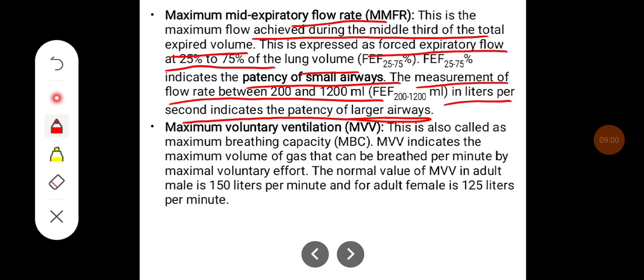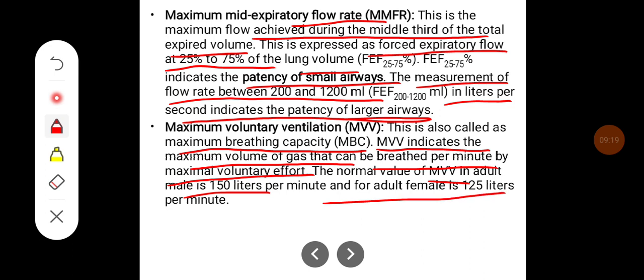Maximum voluntary ventilation, this is also called maximum breathing capacity. MVV indicates the maximum volume of gas that can be breathed per minute by maximal voluntary effort. The normal value of MVV in adult male is 150 liters per minute and in adult female it is 125 liters per minute.